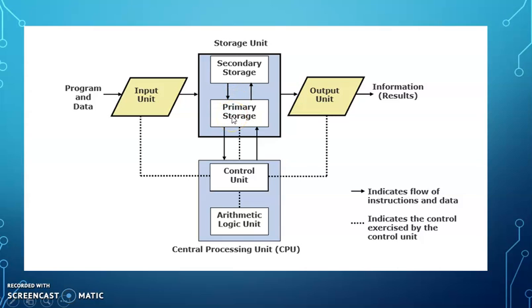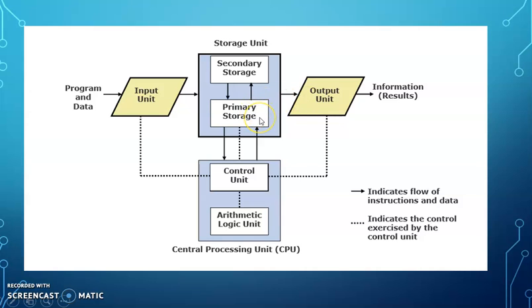Primary storage will be working very closely with the processor. Whatever processing is going on in CPU, whatever data it needs, all sending and receiving of data, primary storage will be doing. Once all processing is done, whatever primary storage contents will be stored in secondary storage, and from secondary storage it will be sent to output unit.